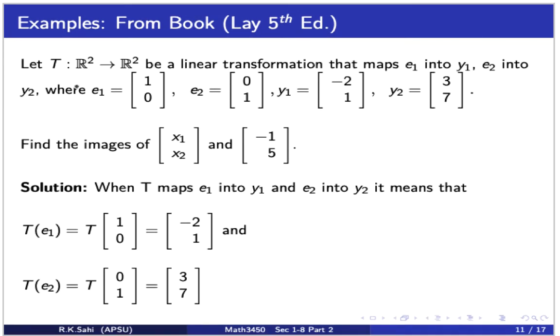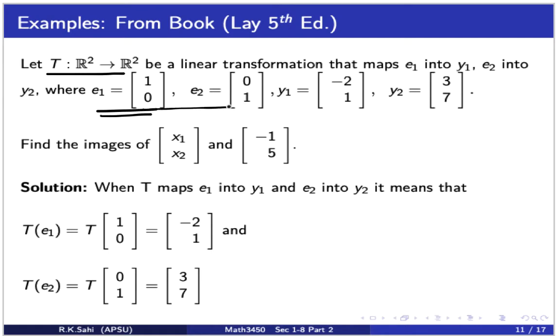Here we have a question which says T is a mapping from R squared to R squared, and it's a linear transformation. It maps E1 into Y1 and E2 into Y2. Now E1 is the vector 1, 0, and E2 is the vector 0, 1.